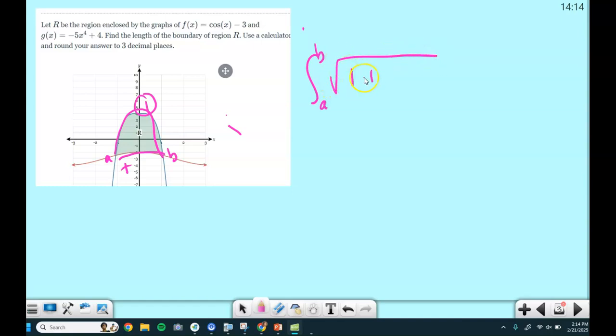I'm doing the integral of the square root of 1 plus g prime of x all squared dx, plus, still from A to B because it's still the intersection there, but this is the cosine graph. So 1 plus f prime of x all squared dx.